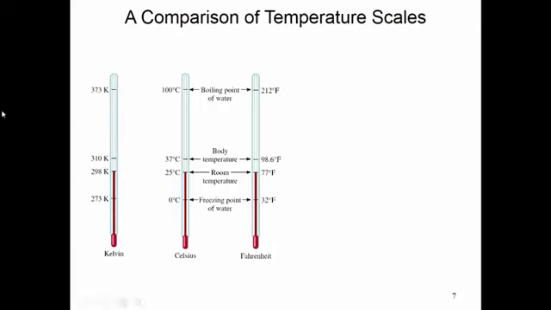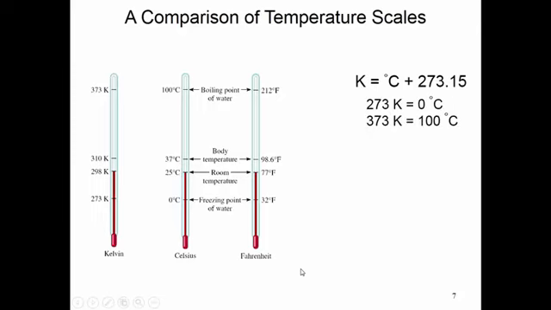We also have the Kelvin scale. Now the Kelvin scale is related to the Celsius scale. So if we look at this difference of 100 degrees, we see the same difference for Kelvin. So Kelvin starts at a different location than Celsius, but it does change at the same rate. So converting between Kelvin and Celsius, we simply add 273.15 to a Celsius temperature to end up with our Kelvin temperature. And we can see that relationship there.